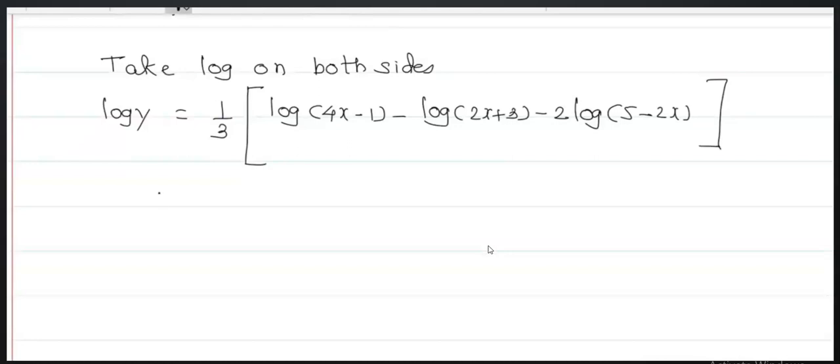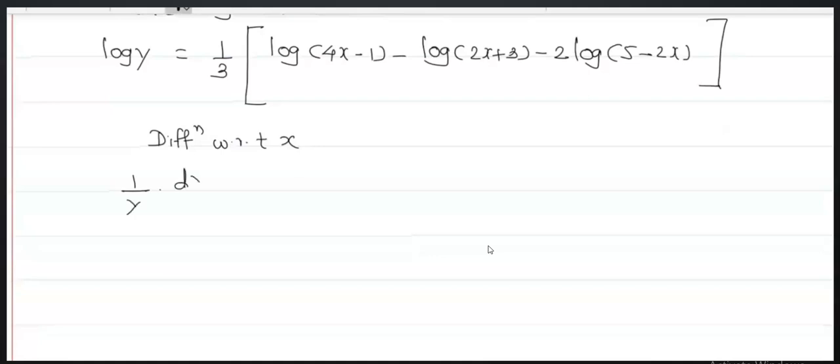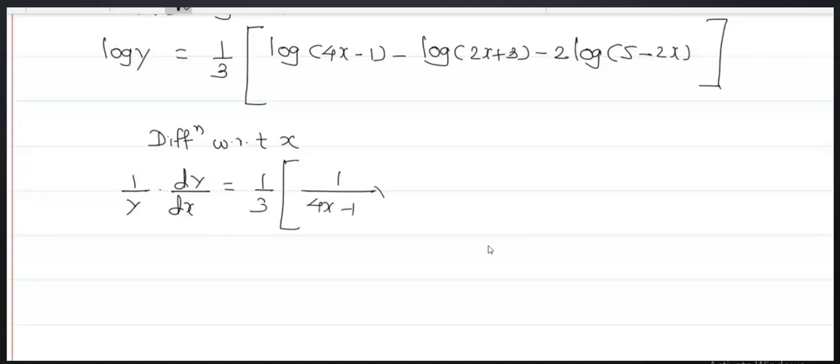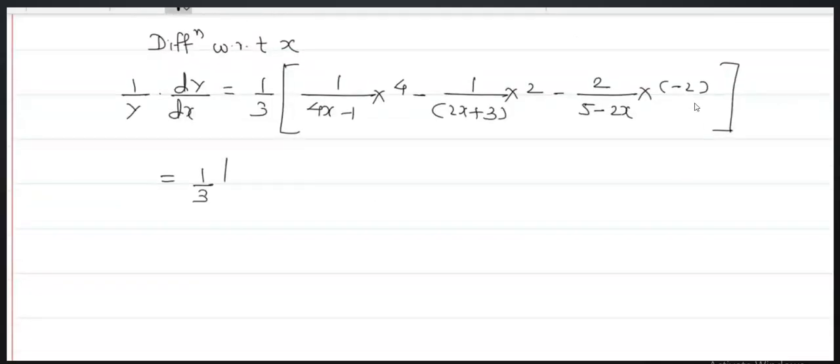Now differentiate this with respect to x. That is, 1 upon y into dy by dx is equal to 1 upon 3 bracket complete, 1 upon 4x minus 1 into the derivative of 4x minus 1, which is 4, minus 1 upon 2x plus 3 into d by dx of 2x plus 3, which is 2, minus 2 upon 5 minus 2x into d by dx of 5 minus 2x, which is minus 2.